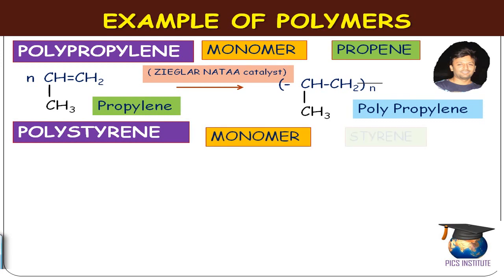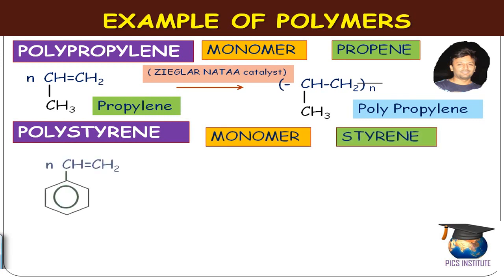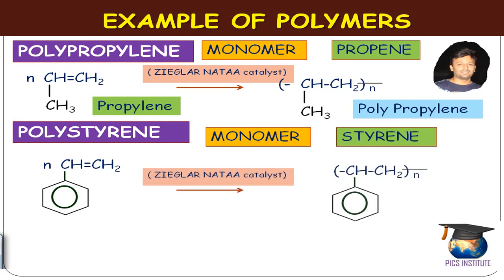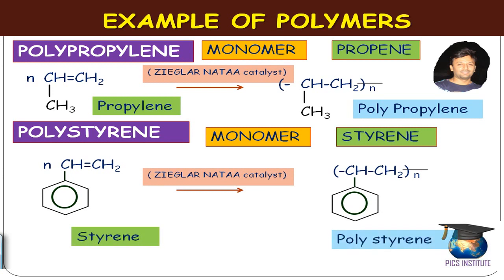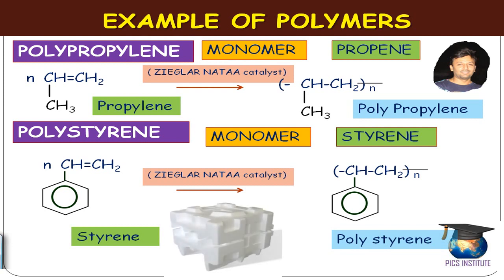Next is polystyrene, monomer styrene. The reaction can be represented as follows, and the polymer formed is polystyrene. Polystyrene is used for preparation of thermocol.